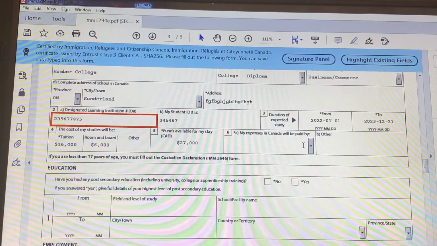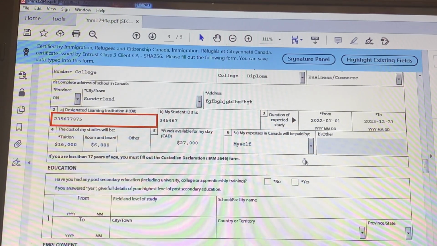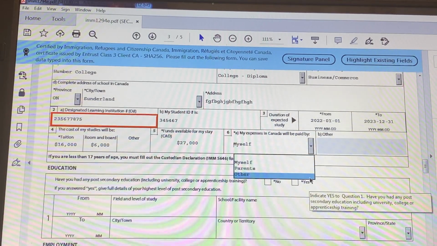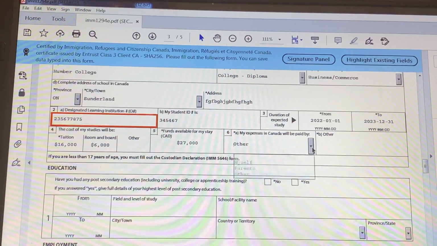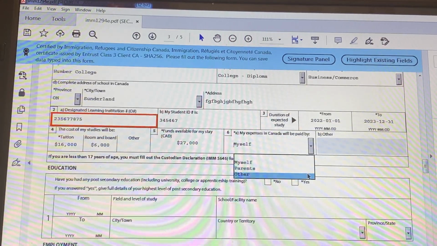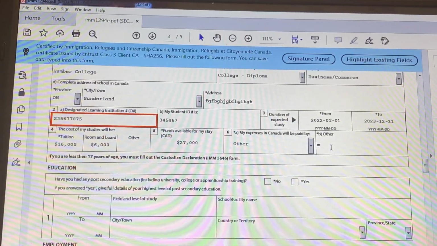Now, my expenses will be paid for by myself and others. Oh, you can only choose one, so let's choose myself. Oh, you know what? Let's choose other, and then over this side, you'll type myself.